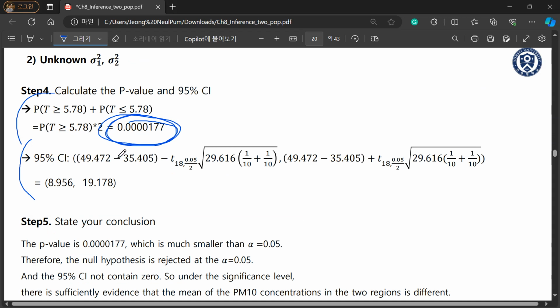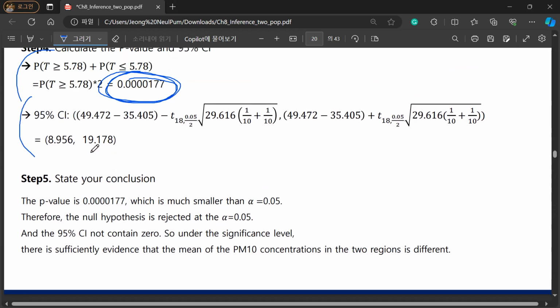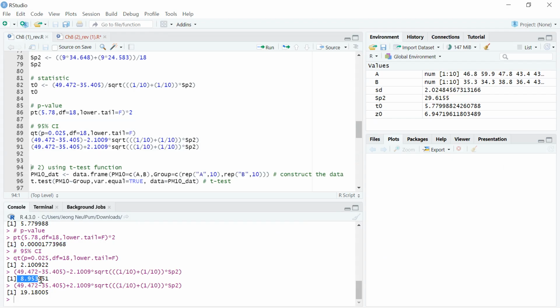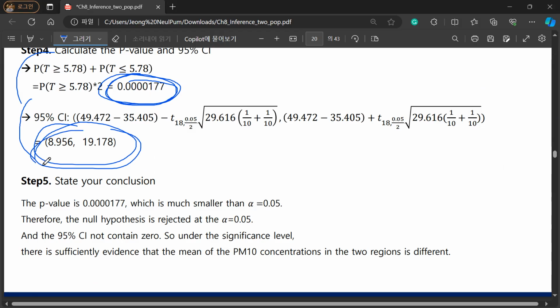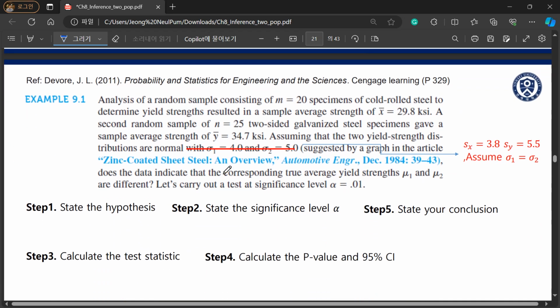So we are able to reject the null hypothesis. And then the confidence interval is this one, which is the same as the two bounds, the lower bound and upper bound, same as this material. So you can also refer to this explanation here.